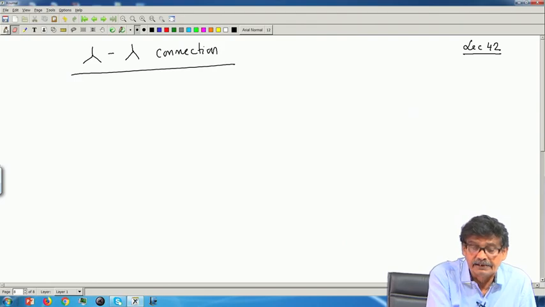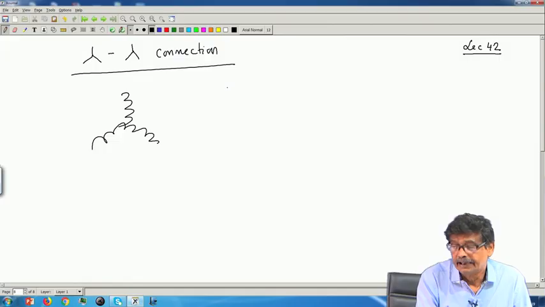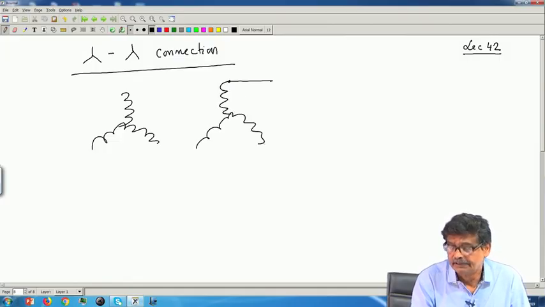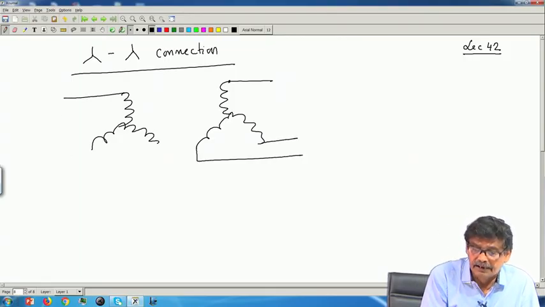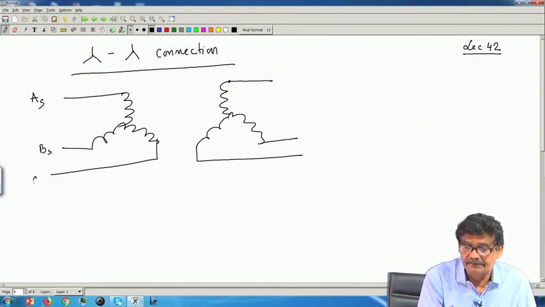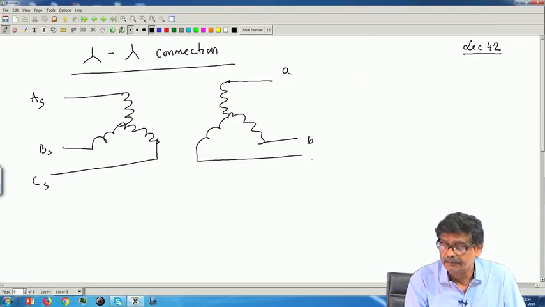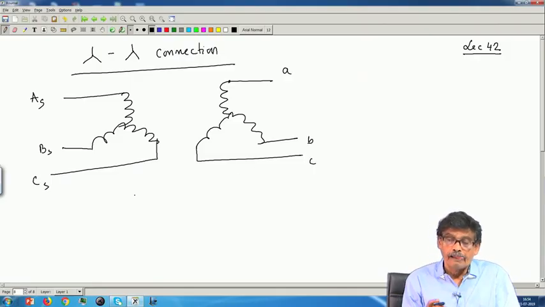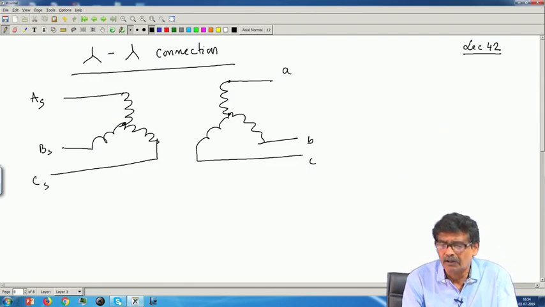Primary is star connected, so draw it star. Secondary is also star connected, draw it star. I will connect it to the supply A, B, C. The output is A, B and C, in star star connection, and the neutral point of neither of them is grounded.